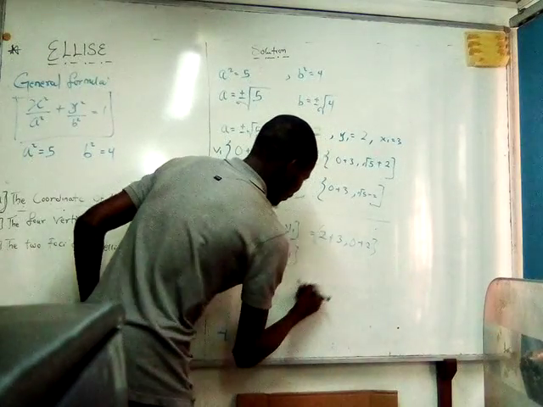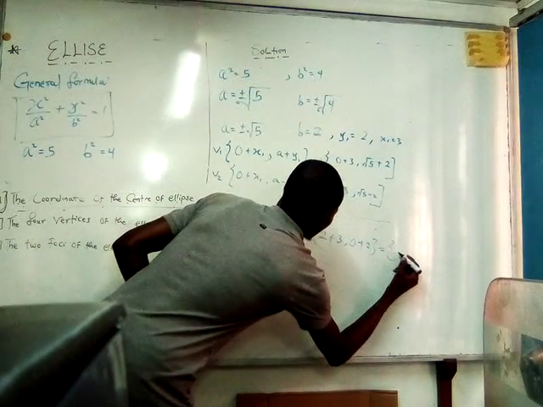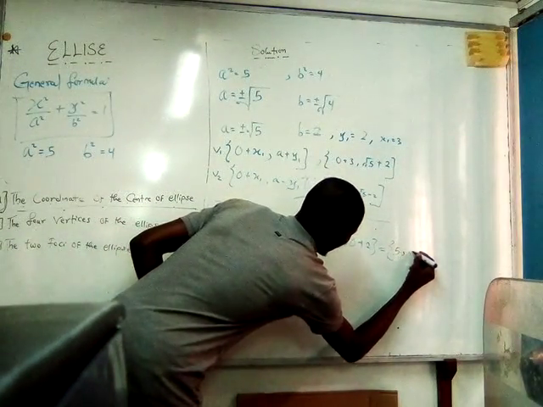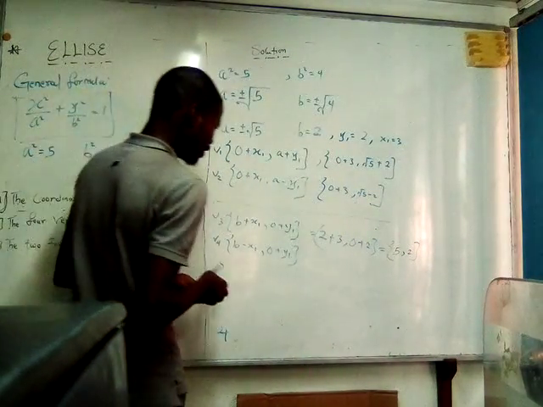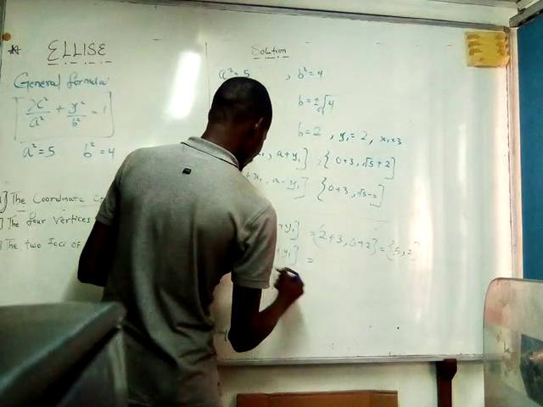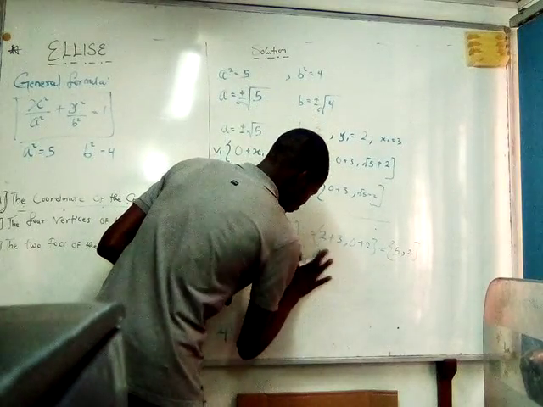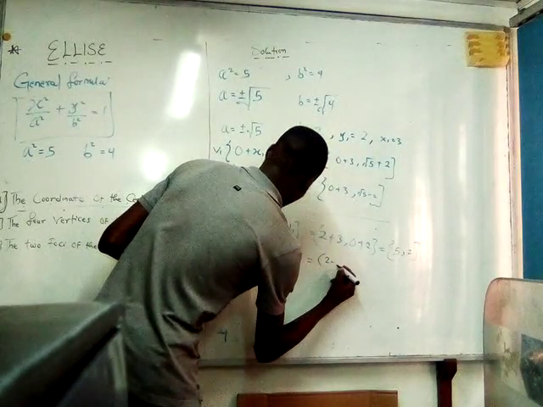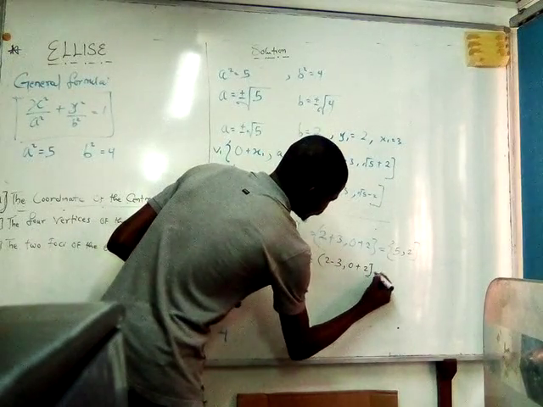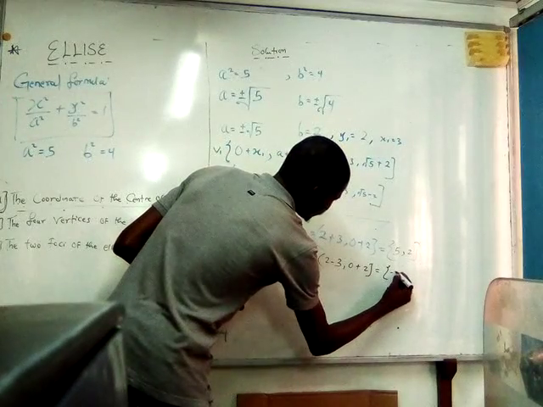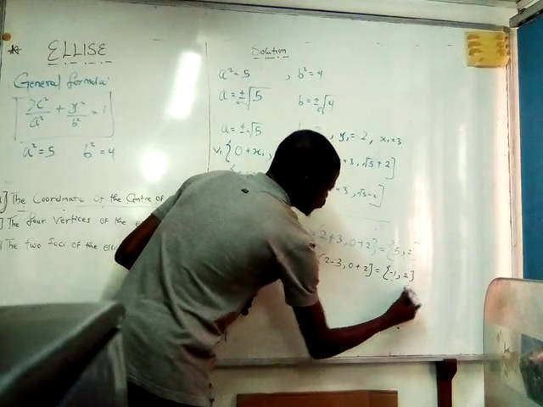So here we are going to say (5, 2). Then here we say 2 minus 3, comma, 0 plus 2, so we are going to have (minus 1, 2).